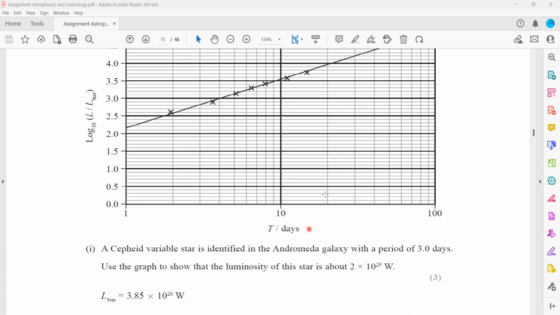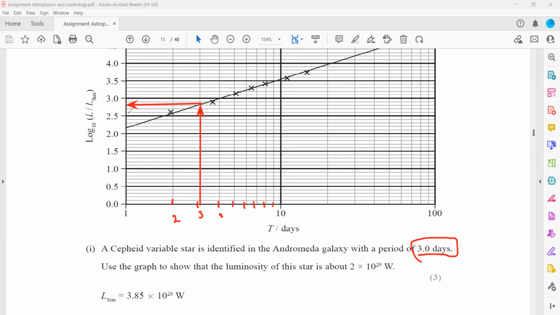as I mentioned, the specified variable is identified with a period of 3 days. So this one is 1, this one is 2, 3, 4, 5, 6, 7, 8, 9, and 10. First we work out the ratio between the luminosity of that star compared to that of the Sun.